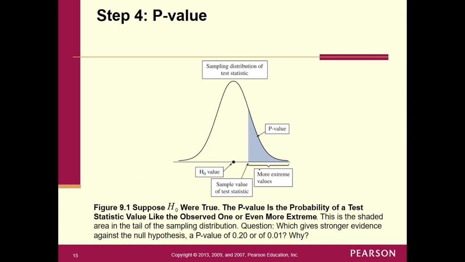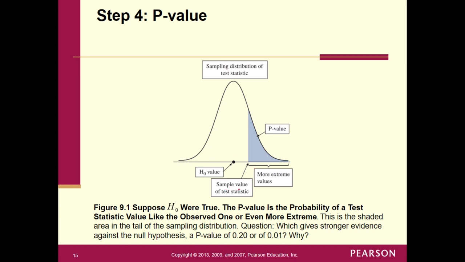This slide sort of illustrates it. Here's a sampling distribution of some sort of test statistic. It doesn't matter which test stat you're working with. The value in the null hypothesis will probably be somewhere in the center here, so we put the null hypothesis right here.